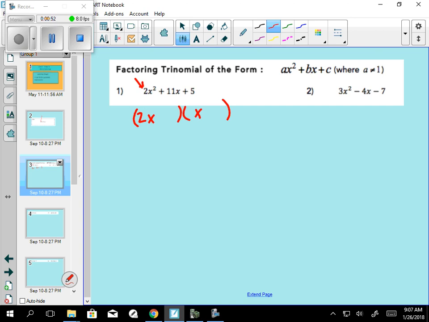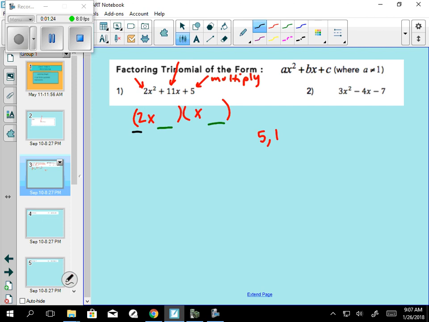Now our two terms that go in here are still going to multiply to equal this 5 that we have there. However, the two numbers that we pick no longer will necessarily multiply to this 11, because our terms that would multiply to 5 are limited here to just 5 and 1, and of course 5 and 1 don't add up to 11, but that's okay because of the 2 over here.